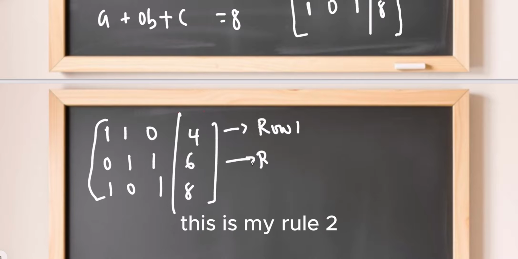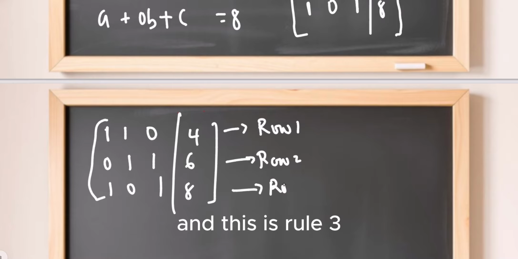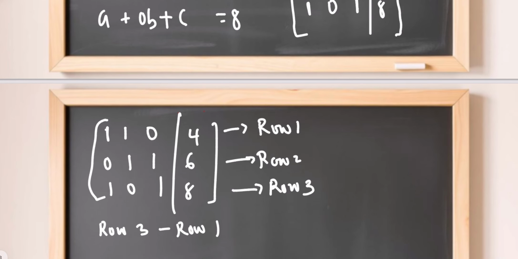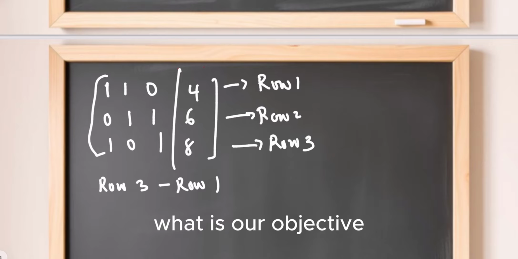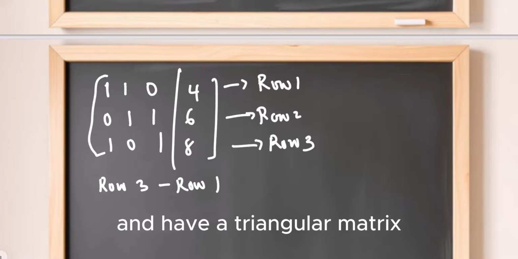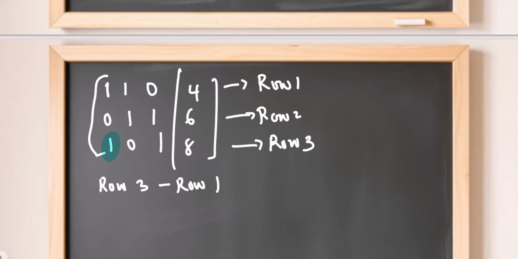This is my row 2. And this is row 3. Next is to do row 3 minus row 1. Our objective is to get rid of this 1 and have a triangular matrix.